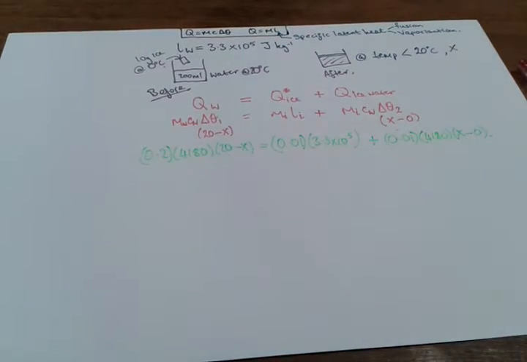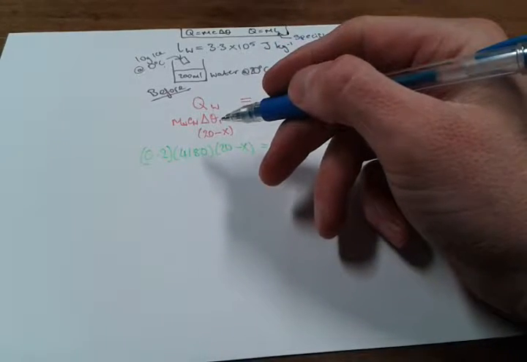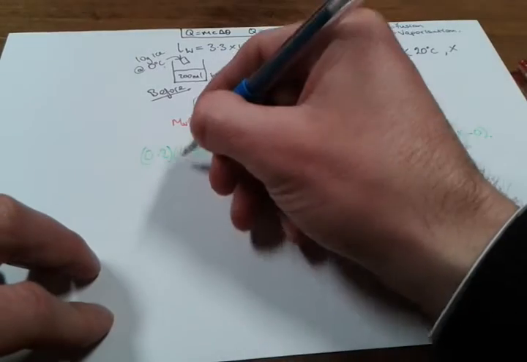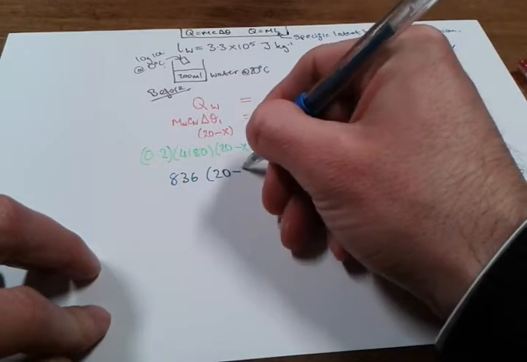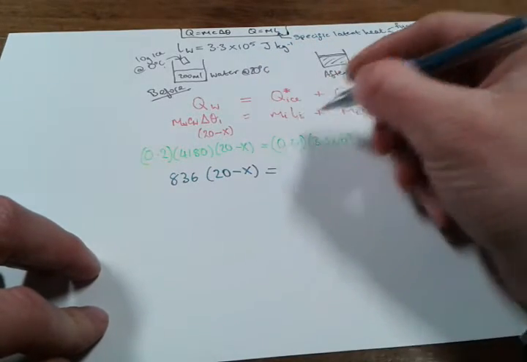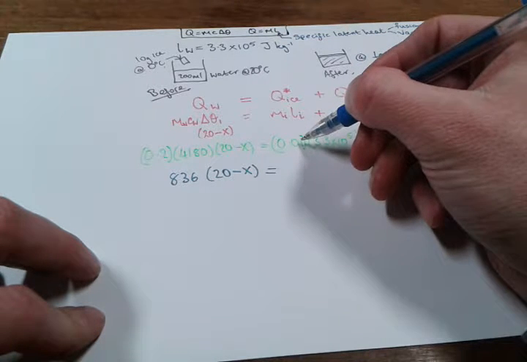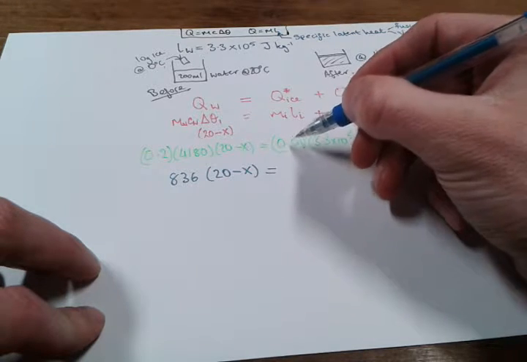Right. Let's do a little bit of the calculation here. So what's 0.2 by 4180? It's 836, but we're still multiplying that onto 20 minus x in a bracket. Now this is 0.01, that's a hundredth, so that's 10 to the minus 2, multiplied by 3.3 by 10 to the 5.